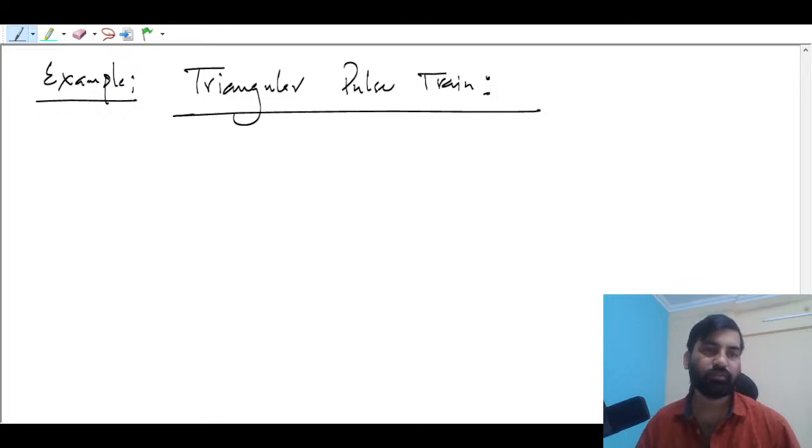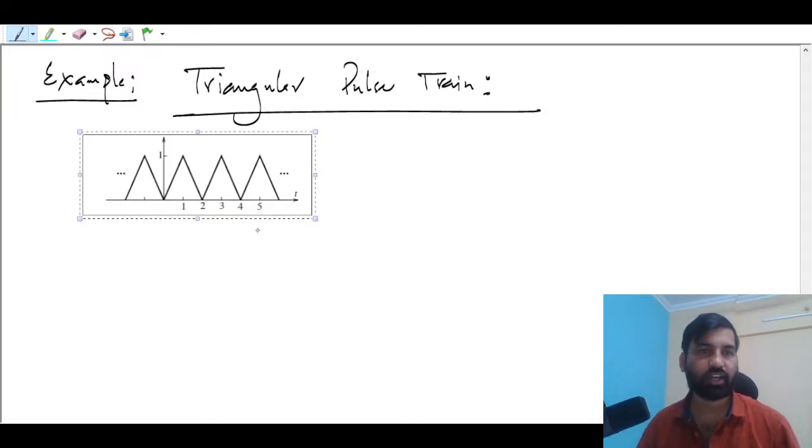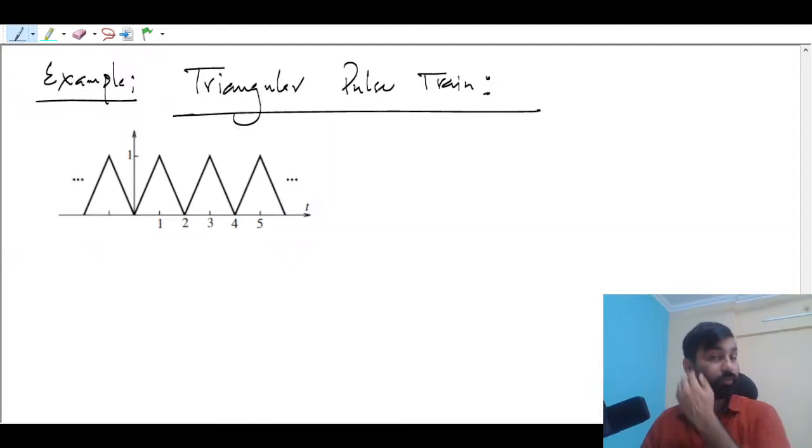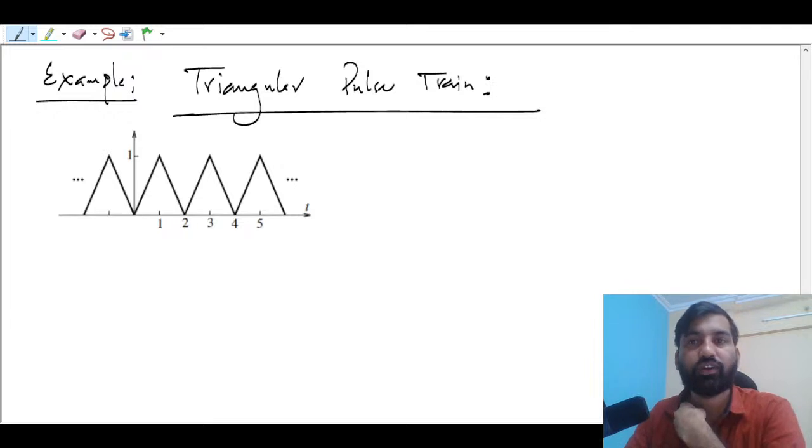So suppose we have got the triangular pulse train. ये triangular pulse train है, right? Now are you able to identify what kind of symmetry this signal has? Yes, you can say that it is an even symmetric signal, right? And you can compute A naught as well, right? So find A naught.